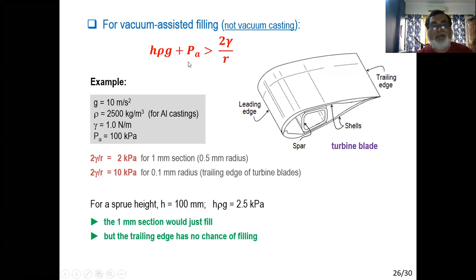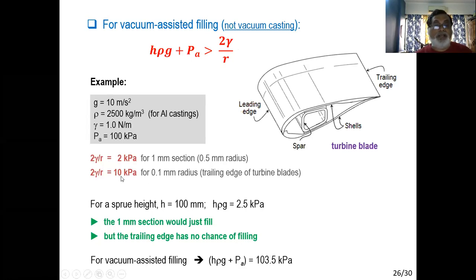But if we use vacuum assisted filling, that means if we use this formula, then H rho G is 2.5 and PA is equal to 100. So the total becomes 103.5. Actually, we are using 101, anyway, this is 102 or 103.5, whatever it may be.